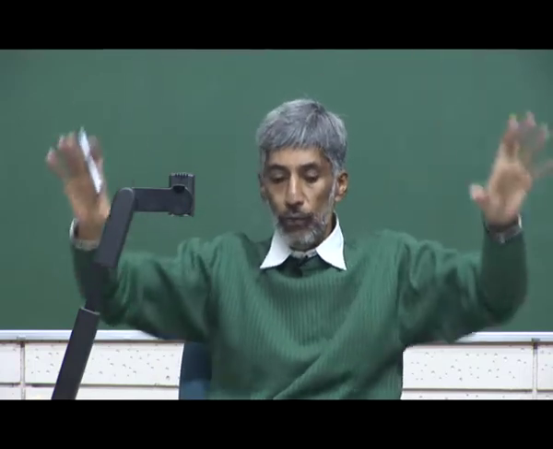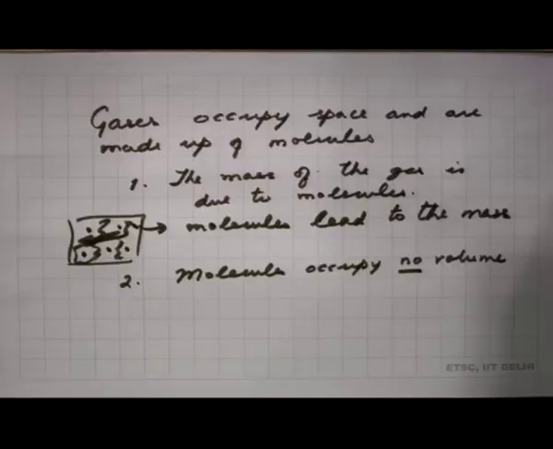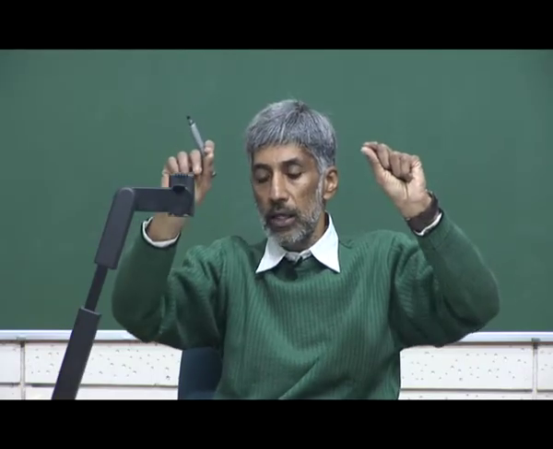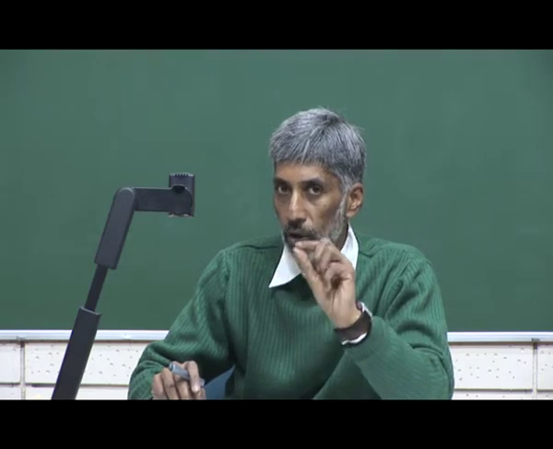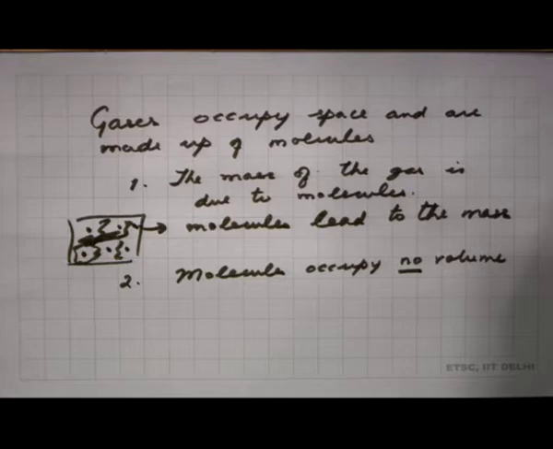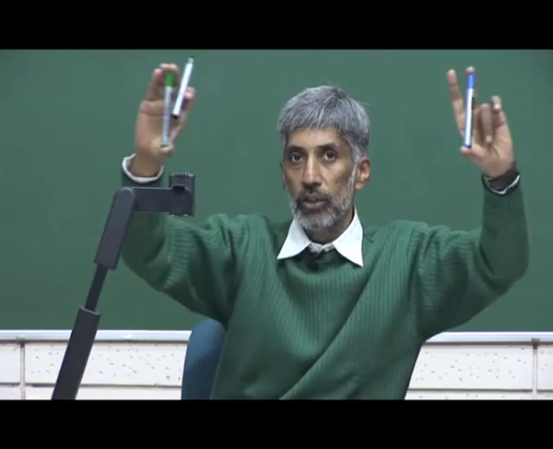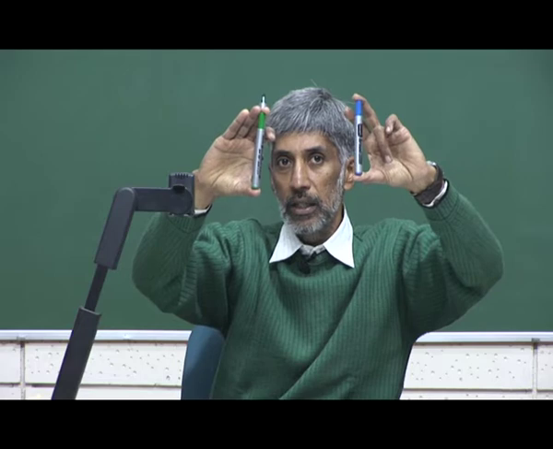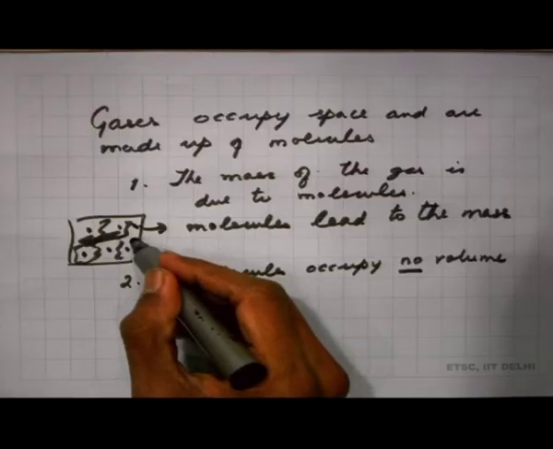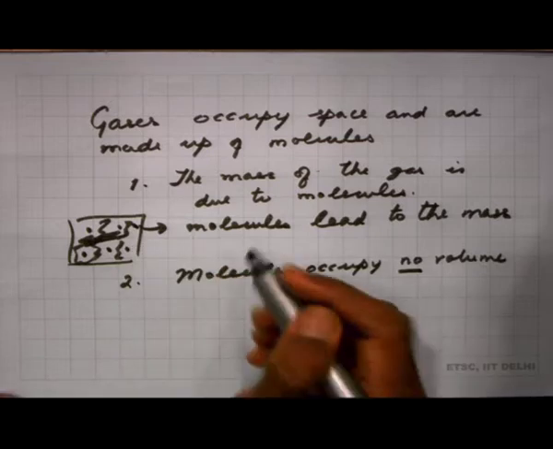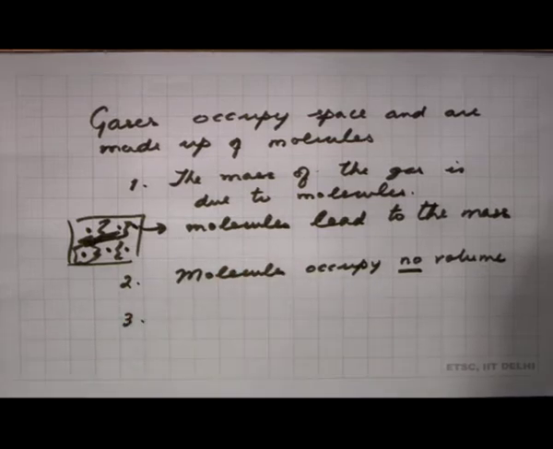If you have a container which contains a gas, the molecules in that contribute to the mass, and that is all where the mass comes from. And we are also saying that these molecules occupy no volume. It does look counterintuitive. We have lots of these particles. These particles occupy 0 volume, but contribute all the mass, and the space is all the volume and has no mass. And we also know the third thing that we know.